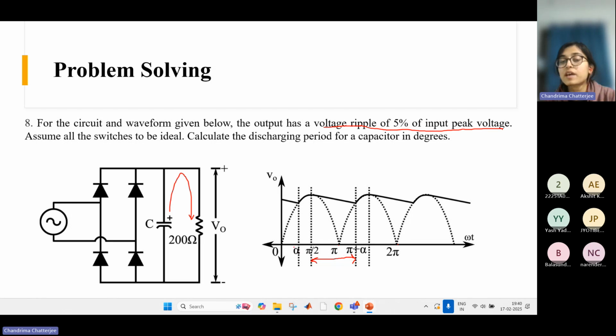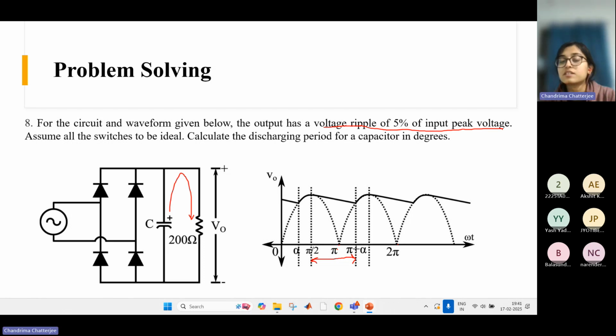Alpha is the angle from which the capacitor starts charging. And after charging, when it reaches the peak point, this is the angle pi by 2. Pi by 2 means electrically it is a 90-degree angle, right?